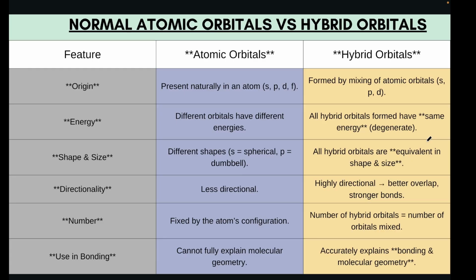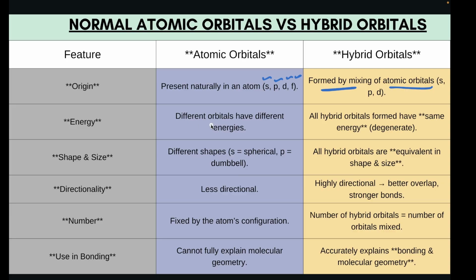Here is a comparison table between atomic orbitals and hybrid orbitals. Atomic orbitals are present naturally in atoms, like s, p, d and f. But hybrid orbitals are formed by mixing these atomic orbitals.